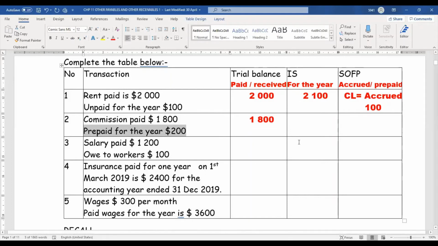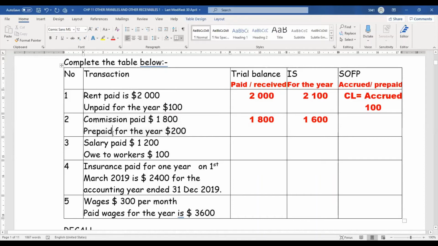If not for this year, I will plus or minus? I will minus. So how much expenses for this year? 1,600. I paid 1,800 during this year. Commission paid is 1,800. Out of the 1,800, 200 is prepaid.